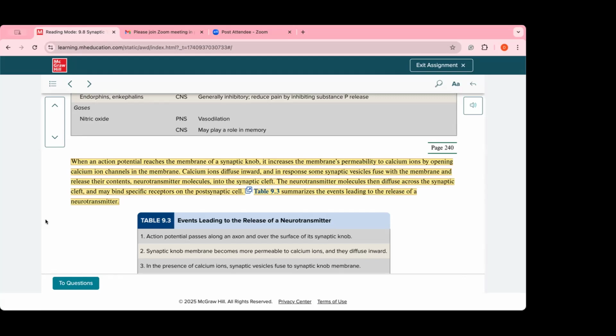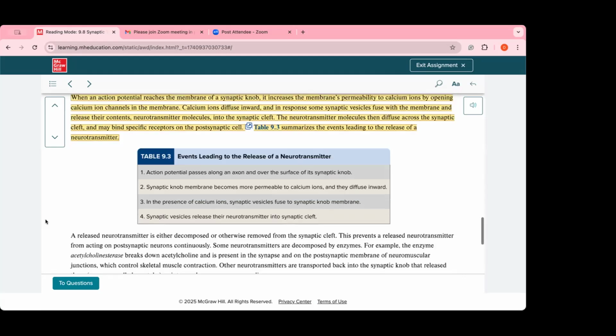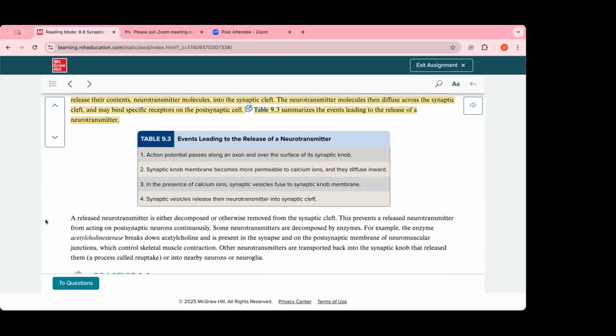This is Table 9.3, which is what we're organizing in the question. Scroll up so I can see it. The action potential passes along an axon and over the surface of the synaptic knob. The synaptic knob becomes more permeable to calcium, so the calcium gates open and calcium diffuses inward.